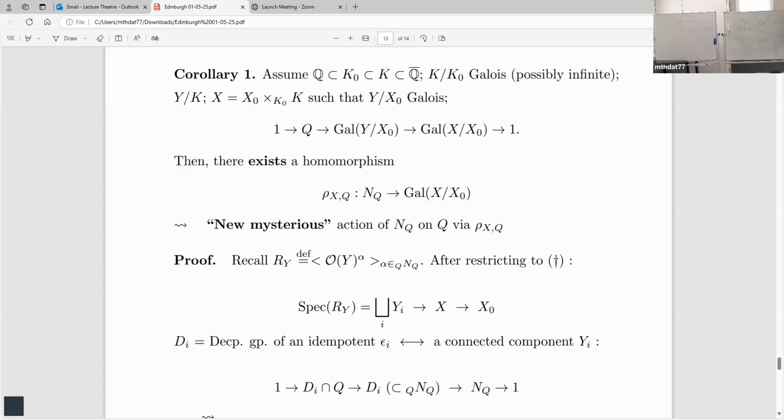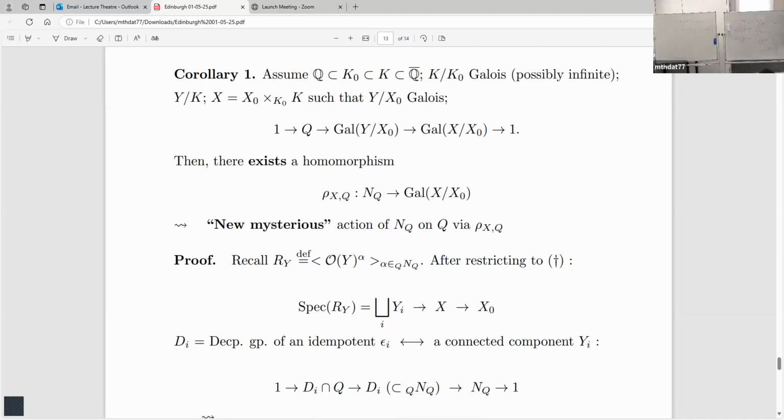So you have such an exact sequence. Then as a corollary of this Q transitivity property, you get a map from NQ to this Galois group. So this is the arithmetic portion of Out F, a quotient of Out F, and this acts on the arithmetic portion of your cover. This uses the Q transitivity property.